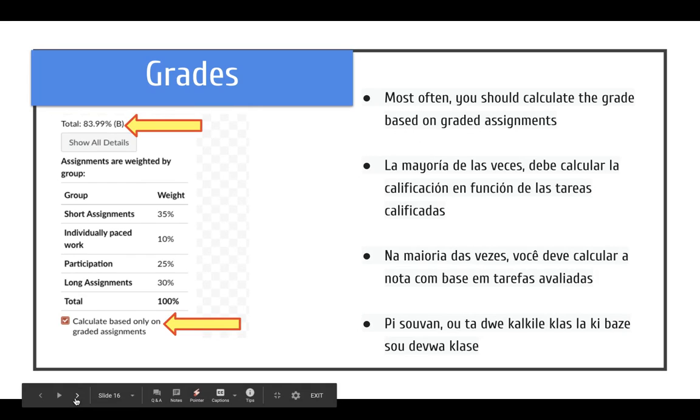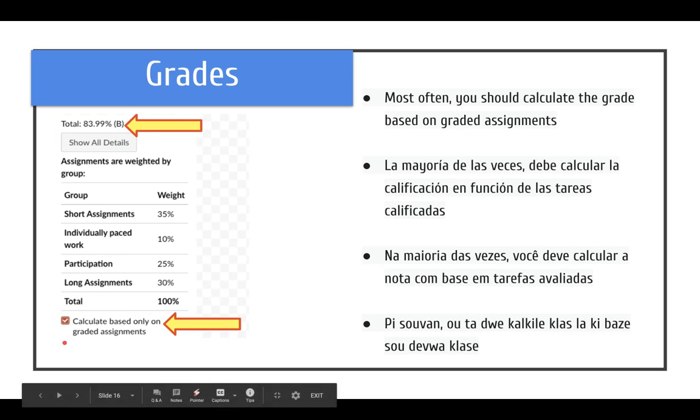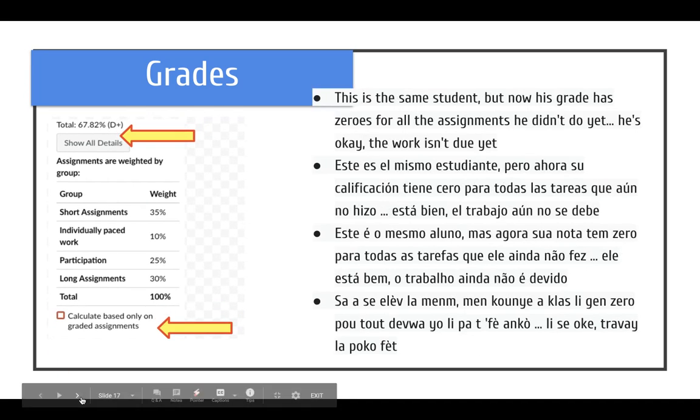When you look at the grades, most often you want to calculate the grade based only on graded assignments. This box should be checked. This is the same student, but I've unchecked this box.